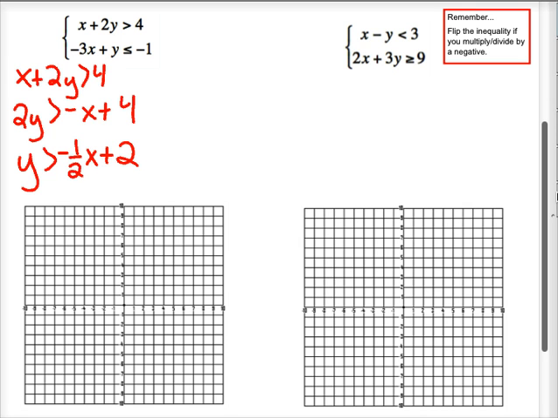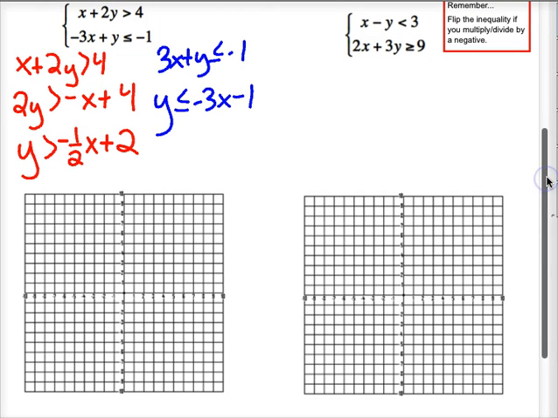And if I'm looking at my second equation, I need to subtract the 3x over. And that's it for that one. So again, don't forget your steps in getting it solved for y. And then it is exactly the same as what we did in the previous lesson.